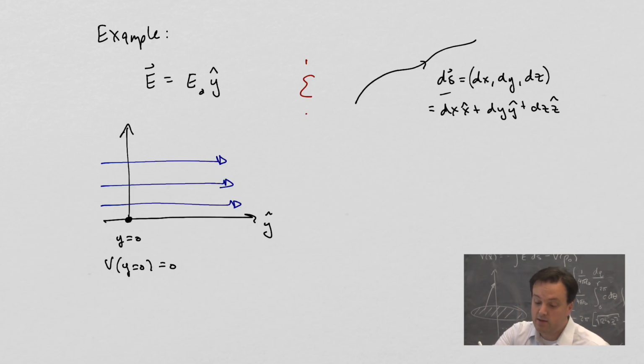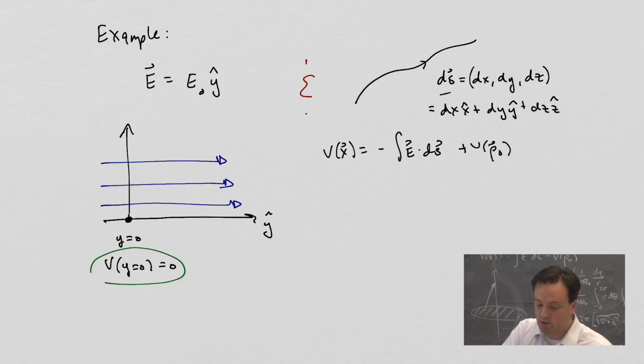But now when I calculate V of x equals minus the integral of E dot ds plus V of p naught, I can say that I defined the potential to be 0 at y equals 0.